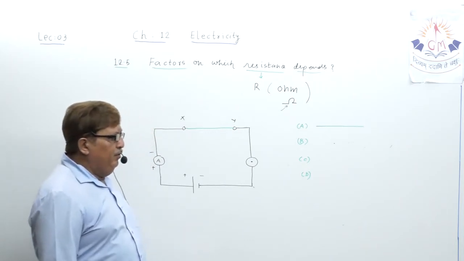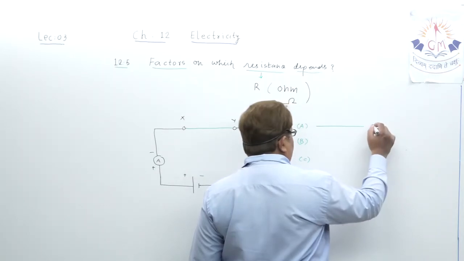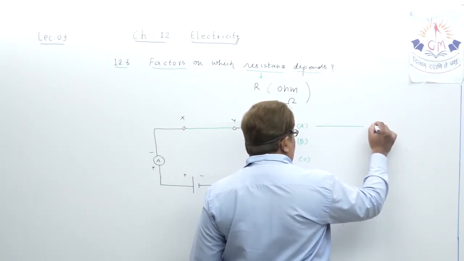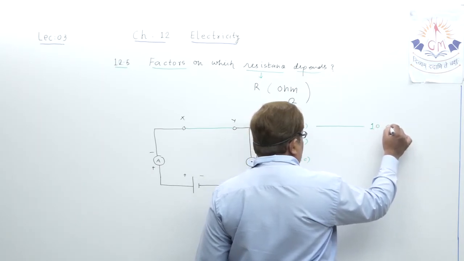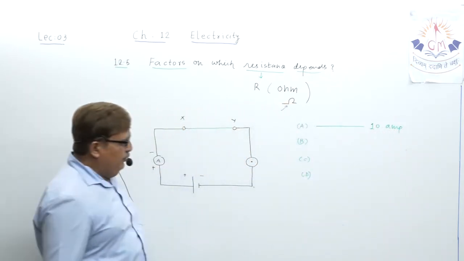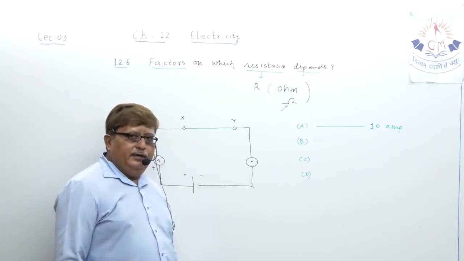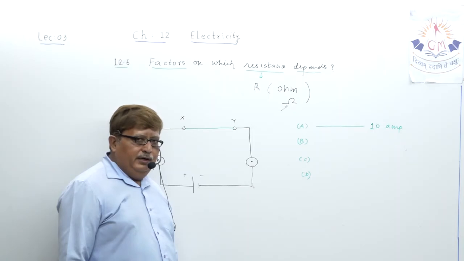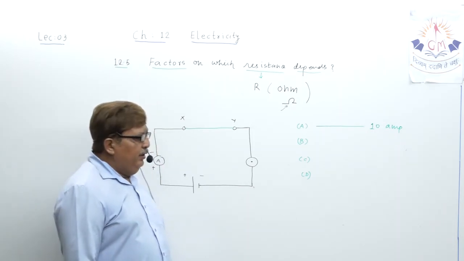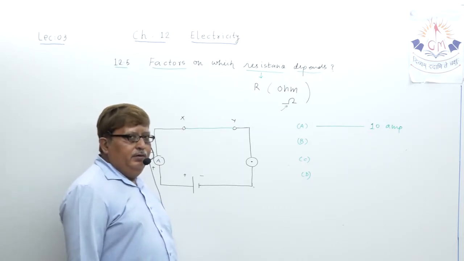Suppose, my dear student, I say we recorded the observation as, suppose, 10 ampere. Let us suppose that by attaching the nichrome wire we could get the ammeter reading as 10 ampere.